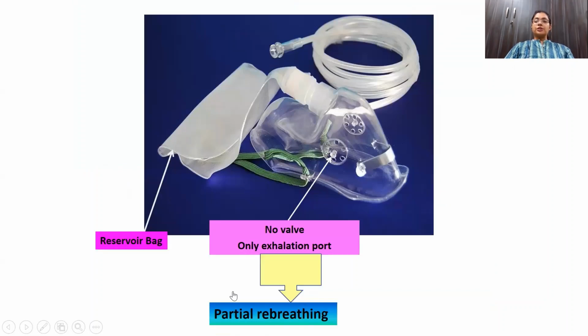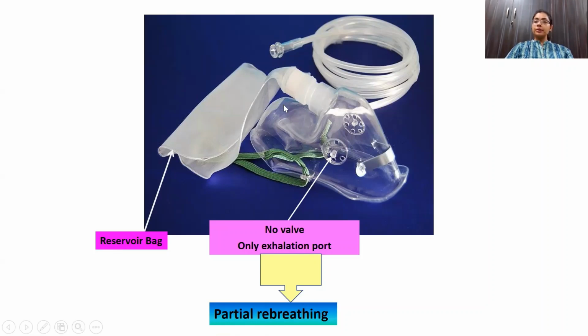So this one is a partial rebreathing mask. Why? Because look at this. This is an exhalation port and this is the other exhalation port. You do not see any valves over here. Plus, there is the reservoir bag and the mask. At this junction also, if there is a valve, then it is not a partial rebreathing mask.